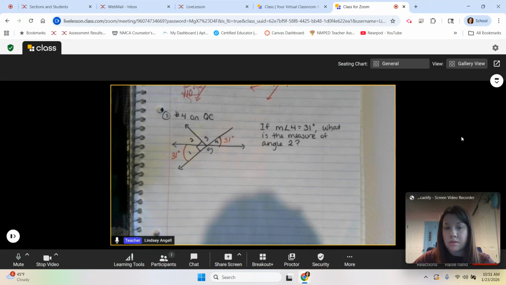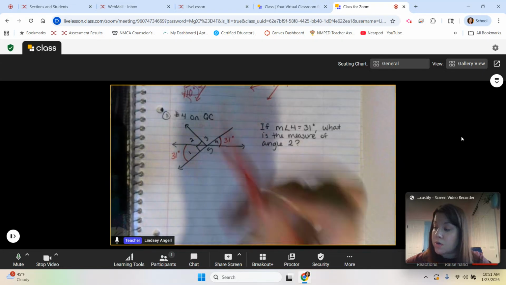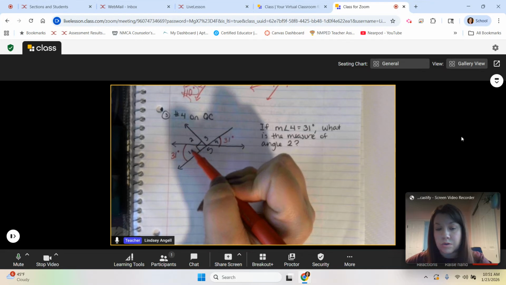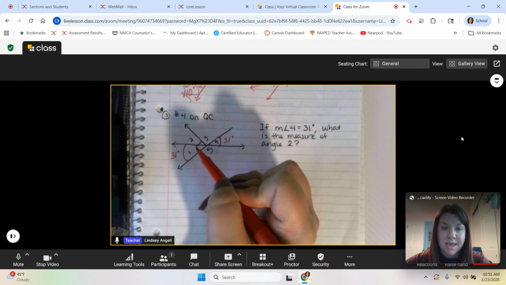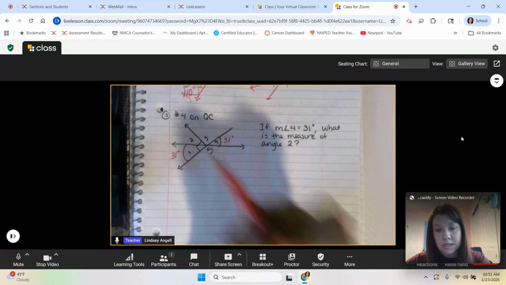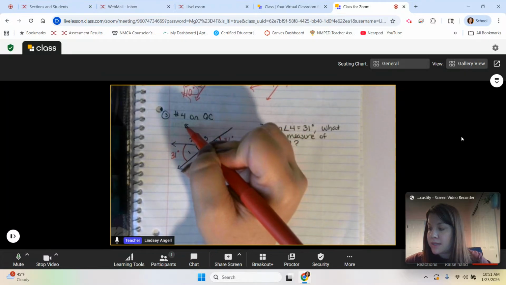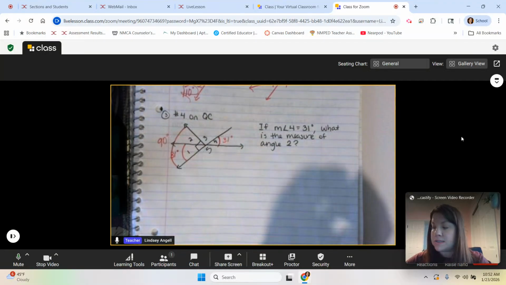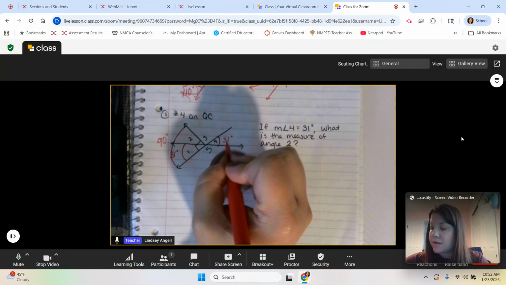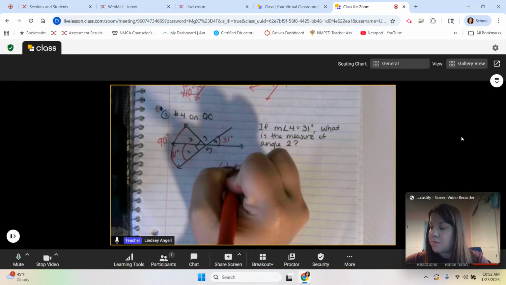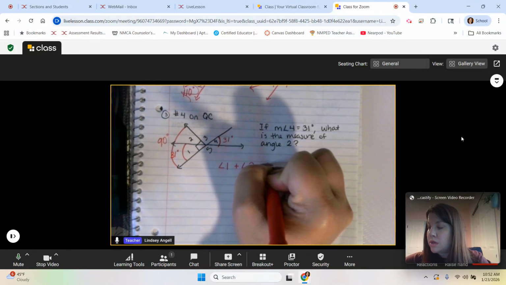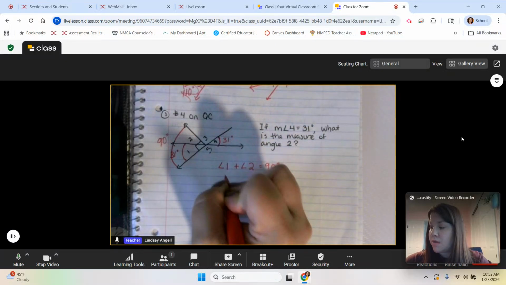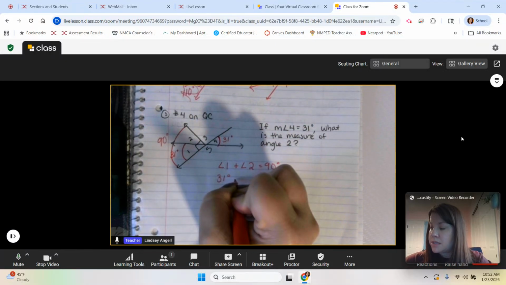For angle 2, notice that angle 1 and angle 2 are complementary. They make a 90-degree angle. That's what that square in the corner represents, saying these two combined equal 90. So angle 1 plus angle 2 is equal to 90 degrees. We know angle 1 is 31 degrees.